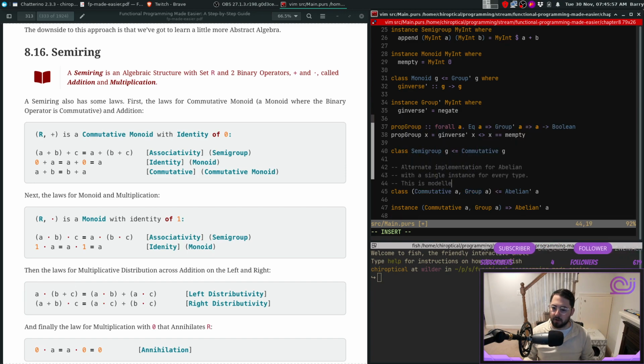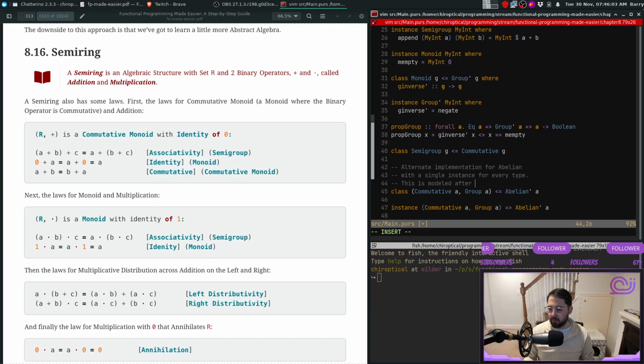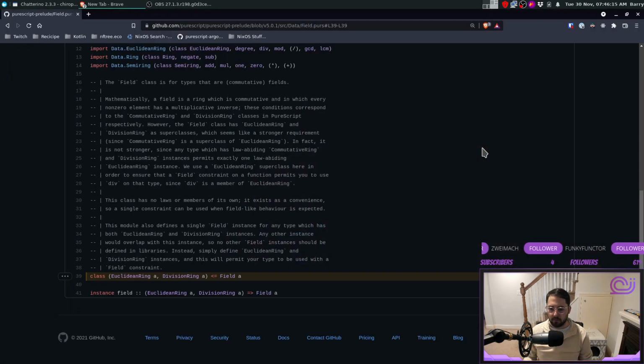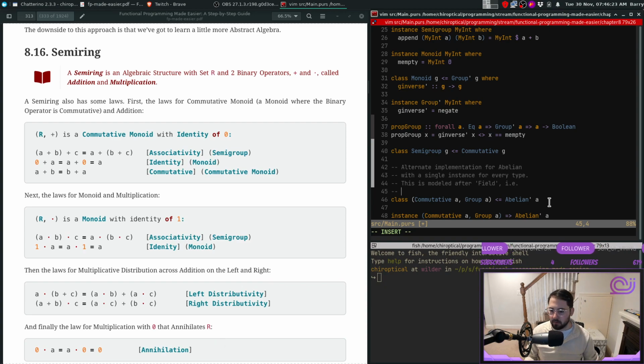This is modeled after field, for example. So we want to grab from here to here, grab a permalink, and we'll put that permalink in there.